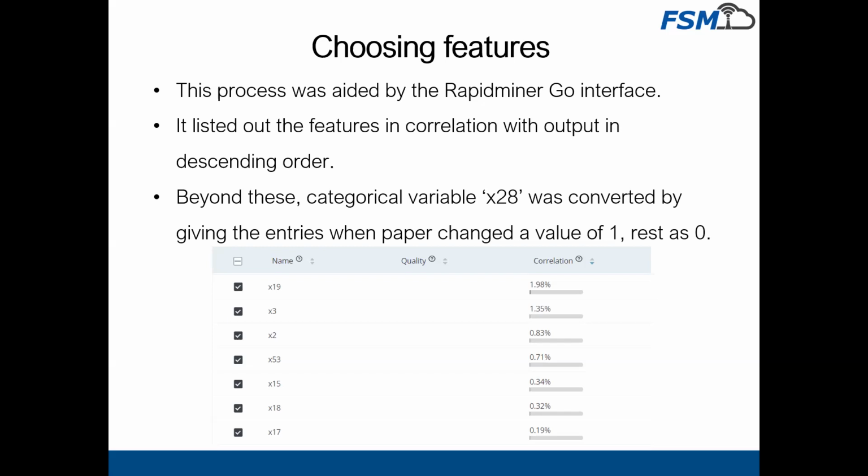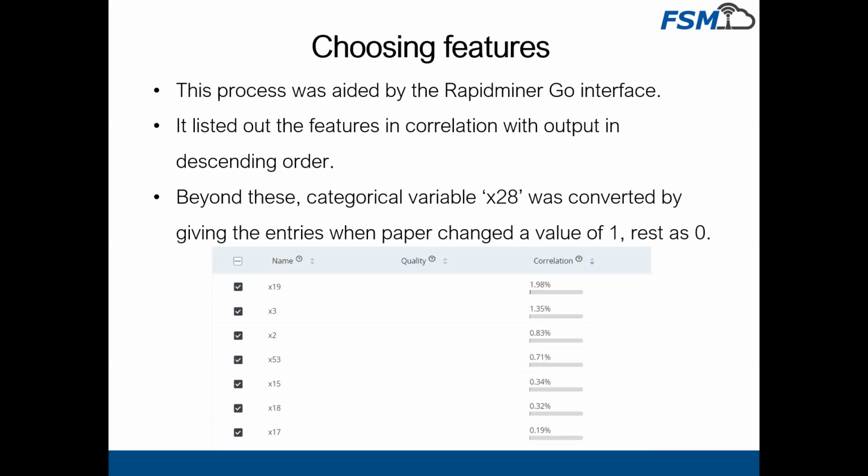Also, for the x28 variable, while doing the data cleaning and pre-processing in MATLAB, I wrote a small script which turned the x28 categorical variable into a numeric variable which will have some correlation to the output.